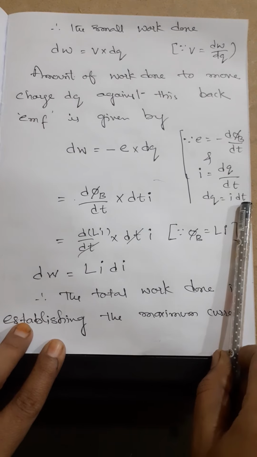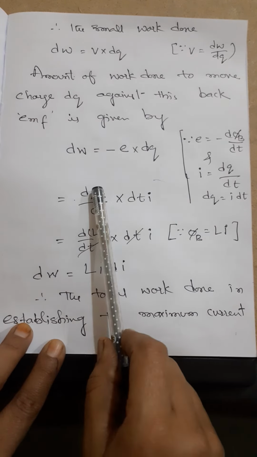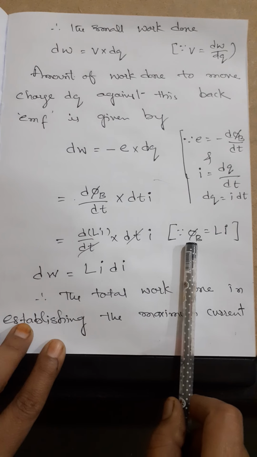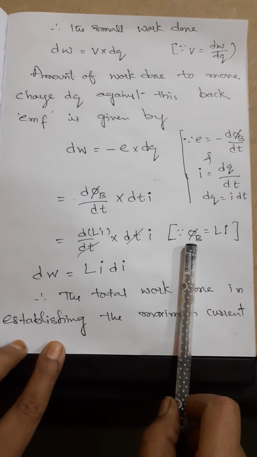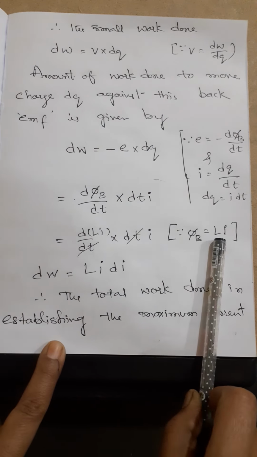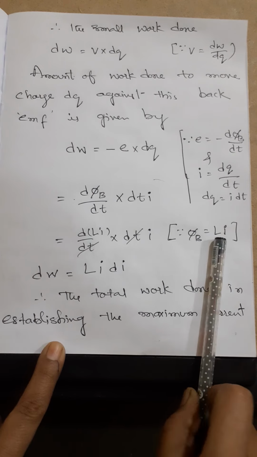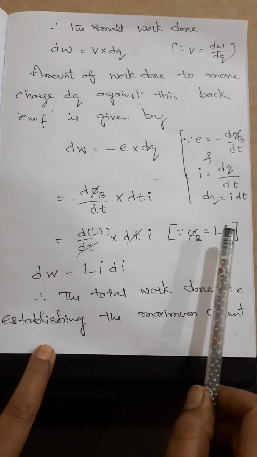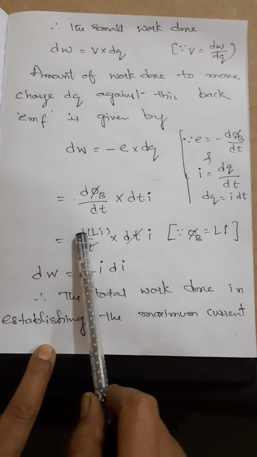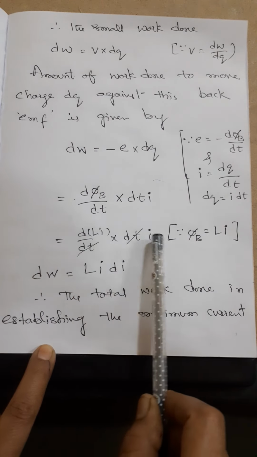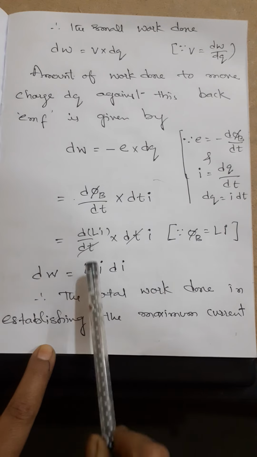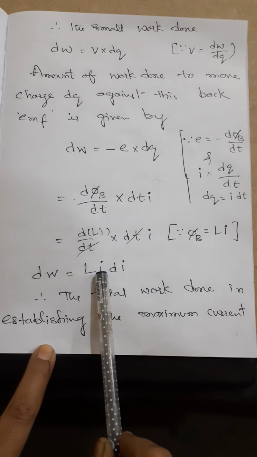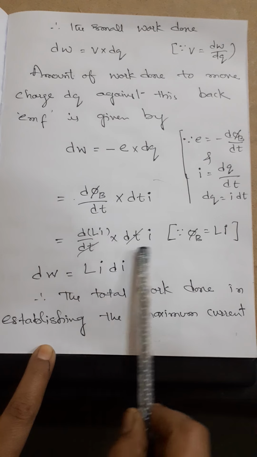Here φB is the magnetic flux. Magnetic flux is equal to the product of self inductance and current, that is LI. Substituting the value of φB, we get d by dt of LI into I dt. The dt gets cancelled, then we can write LI dI.